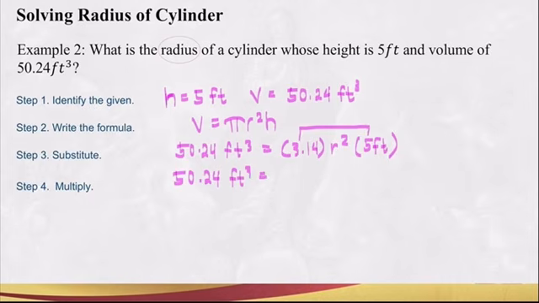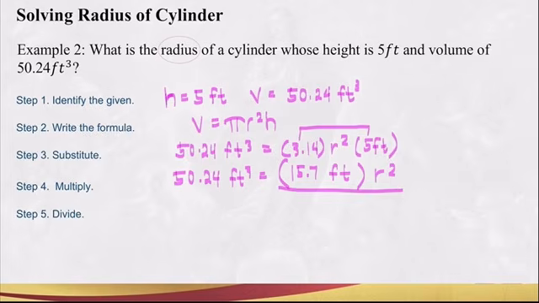And that is equal to 15.7 feet r squared. Again, ang goal natin dito is maalis lahat ng numbers na kasama ng ating r. Para maalis yan, ang una natin gagawin, step number 5, is to divide both sides by 15.7 feet.